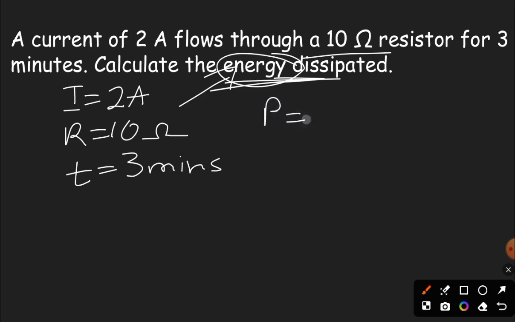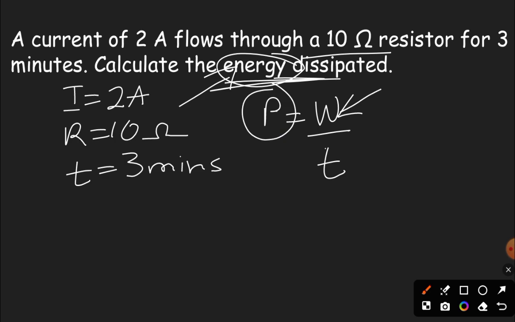Power equals work done. Now the work here is synonymous to energy, so we can just say energy over time taken. So it means that if we don't have our power, there is no way we can find our energy. So we first need to work our way around to find the power. After we get the power, we already have the time, so we can find our energy or work.